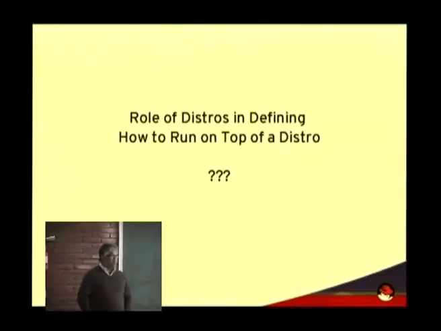But the relationship of the distro to what runs on top of the distro, what are the guidelines that we provide to outsiders, is just as important. And how do we provide those, and how do we make those known, and is it consistent? It doesn't have to be the same for every package management scheme, but the fundamentals of the recommendations should be consistent across the distros. It just makes it easier.